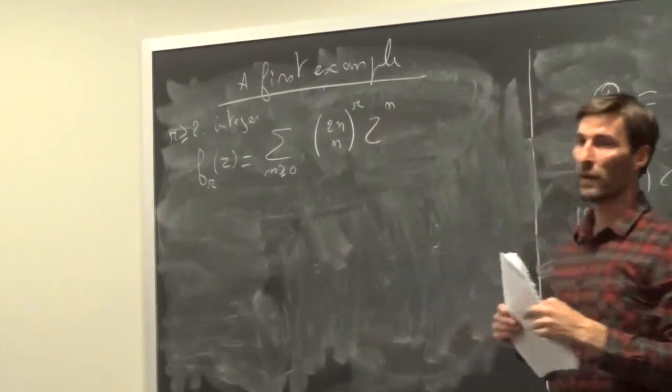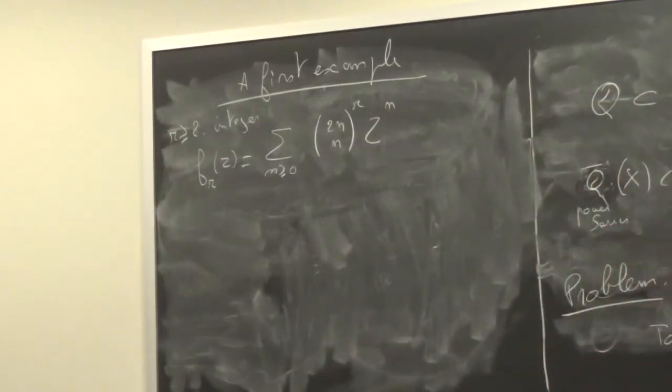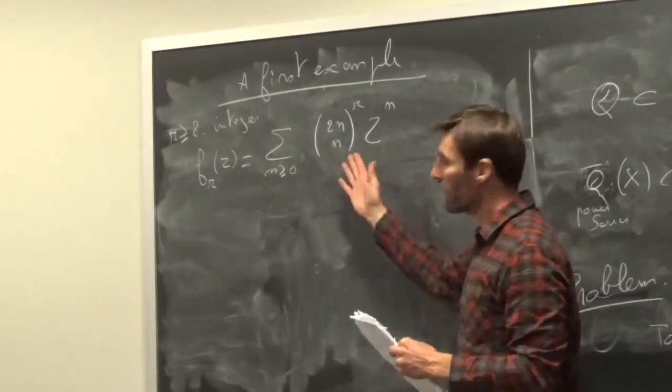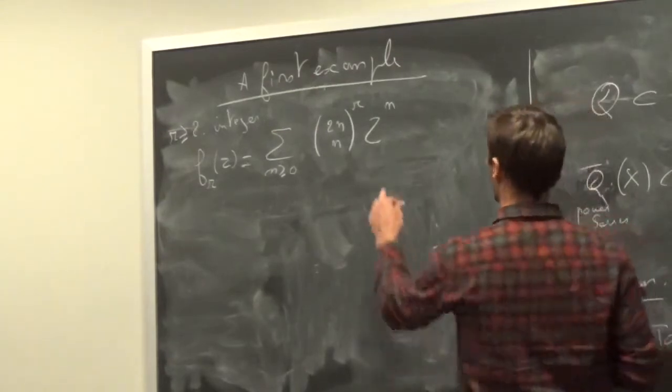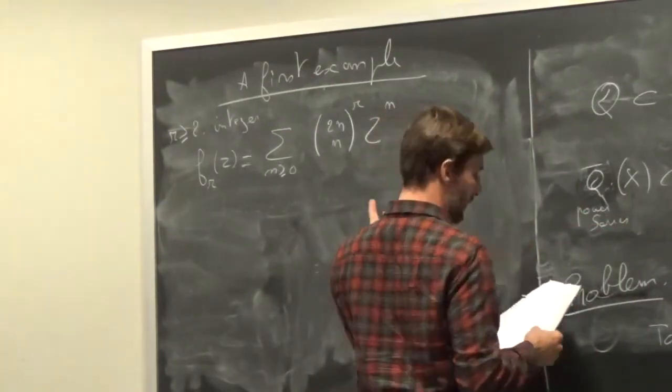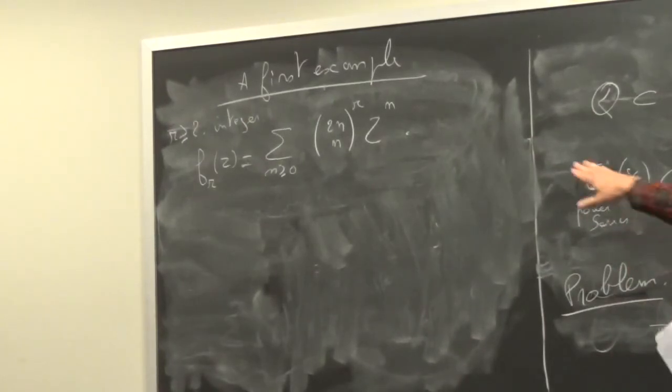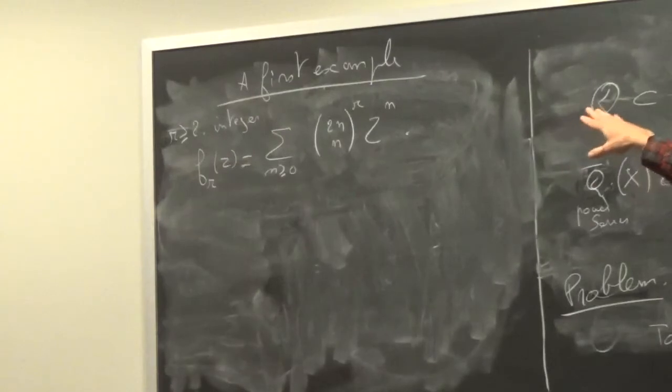So we have integer coefficient power series, very basic and simple. Those are G-functions. It's not hard to check that they satisfy a linear differential equation. So they are close to being hypergeometric series.